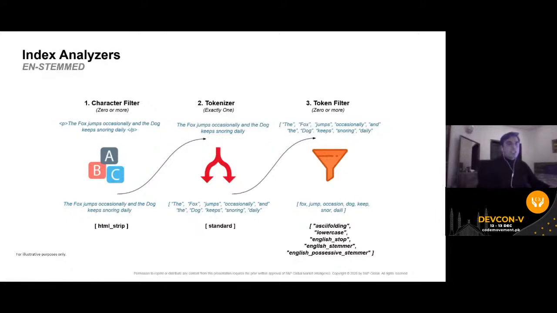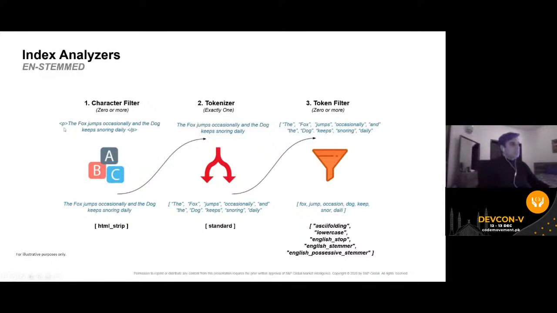For example, occasionally will be converted into occasion. Keeps would be converted into keep. Basically, it converts all the derived words into their root forms. And it's algorithmic in nature. It's not dictionary based. There are dictionary based stemmers available as well, but in this example, we are using algorithm based stemmers, which essentially convert words into their root forms.